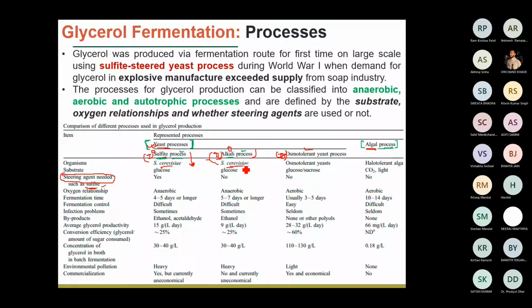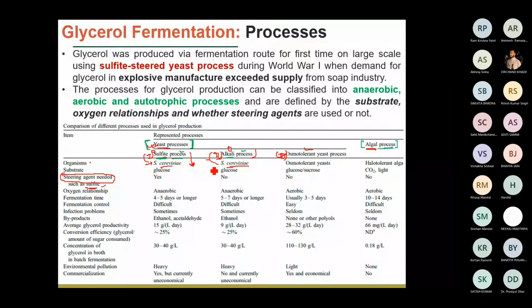If we compare the three processes, the microorganisms generally used are yeast, mostly Saccharomyces cerevisiae, for the production of glycerol. In the case of the osmotolerant yeast, we have a genetically engineered yeast that has been engineered so that it is able to withstand high osmotic pressures.